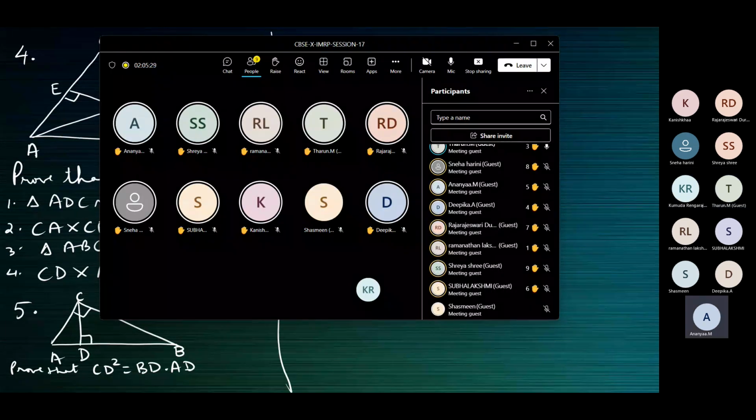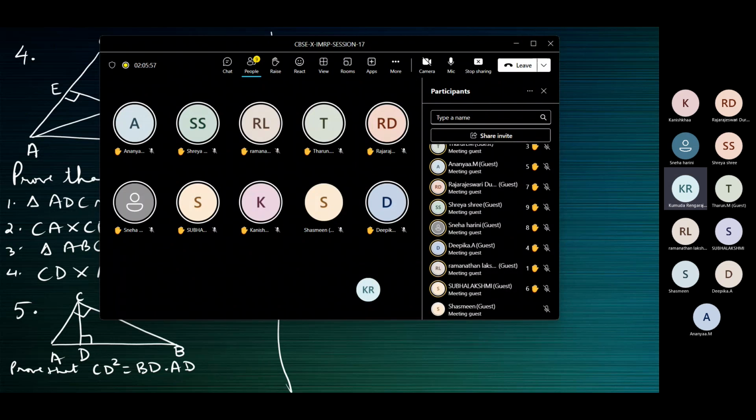Ananya. Third subdivision. Shreyashri. Ma'am, third one. Ram. First two completed, ma'am. Third one. Okay. Tarun. Ma'am, third one, ma'am. Okay. Rajeshwari. Third one, ma'am.